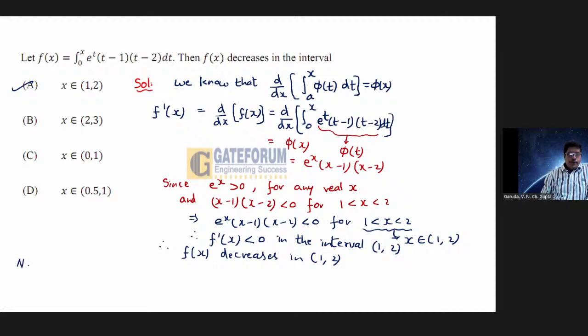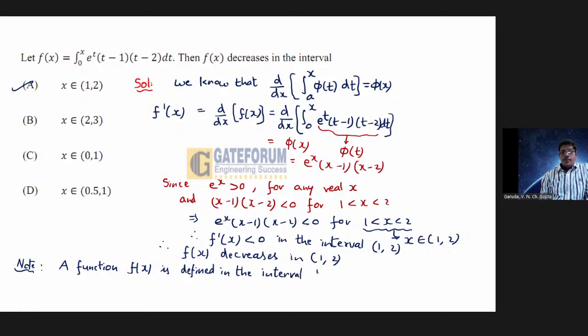So here I am writing a note. A function f of x is defined on an interval, denoted by I. Interval means any open interval, closed interval, or all x values, real numbers, integers, anything.